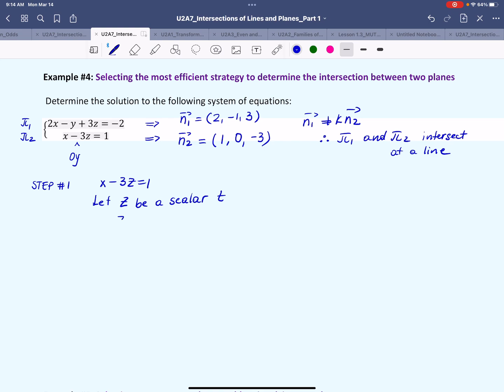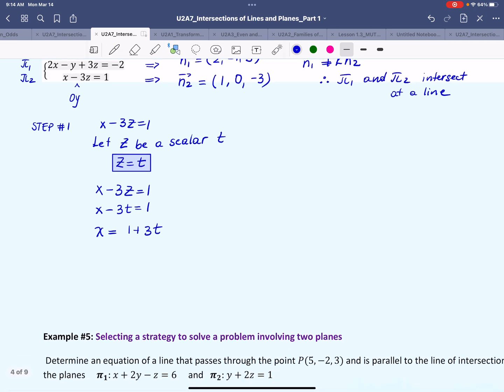So if z equals t, which means that I've just created the first parametric equation for the line of intersection, then x minus 3z equals 1 will change to become x minus 3t equals 1, which will make x equal to 1 plus 3t. So this will be the parametric equation for the x coordinate.